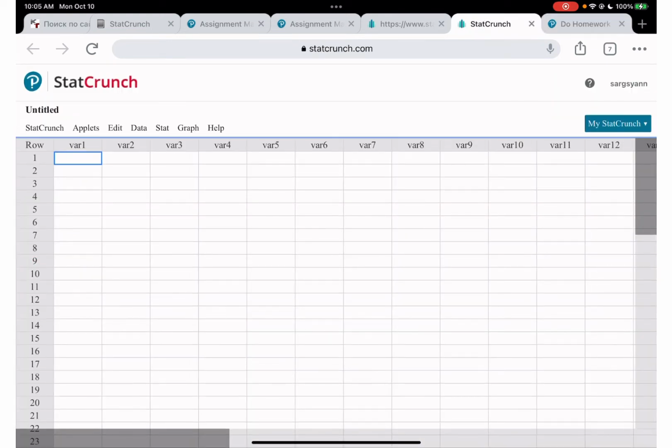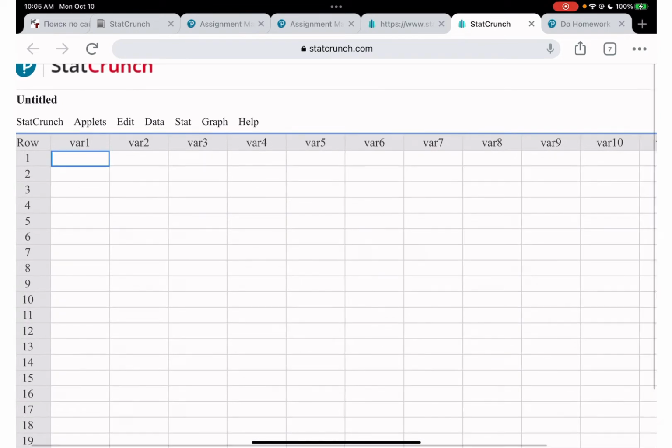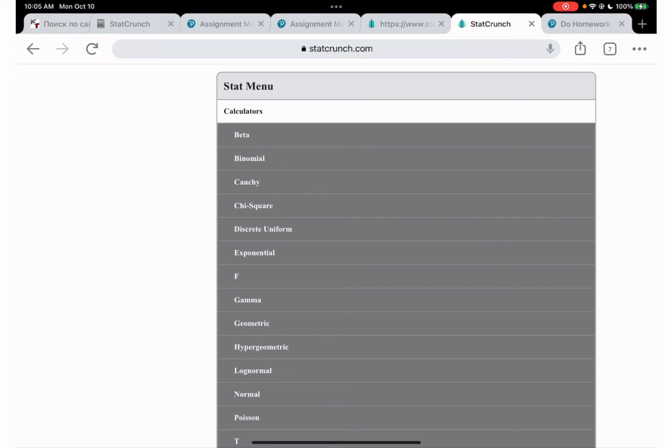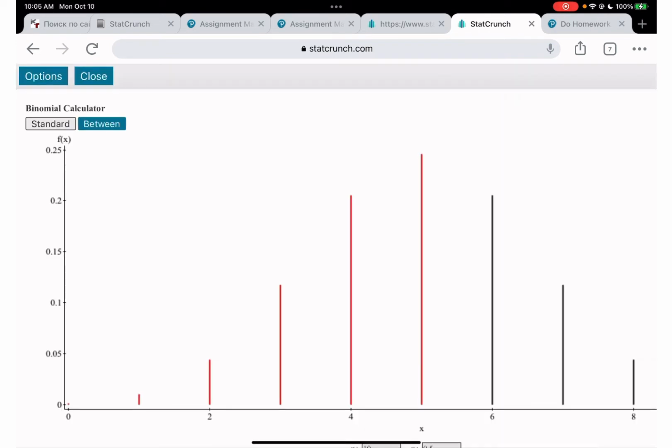I'm clicking Stat, Calculate. Okay, where is binomial? Here is binomial, clicking binomial.